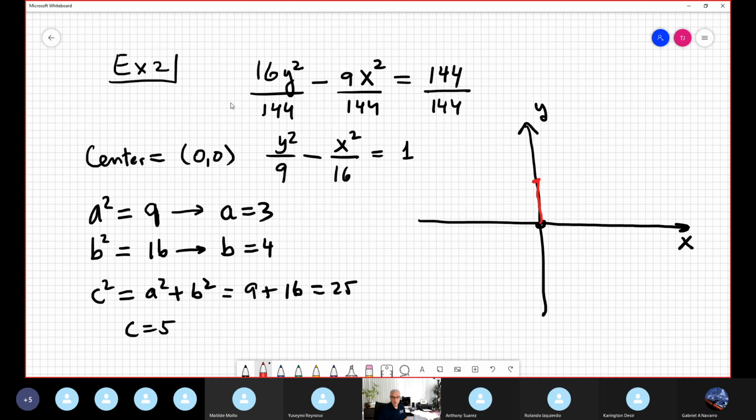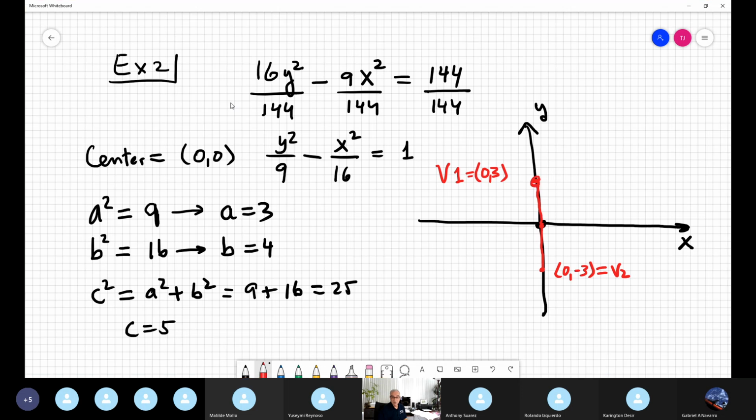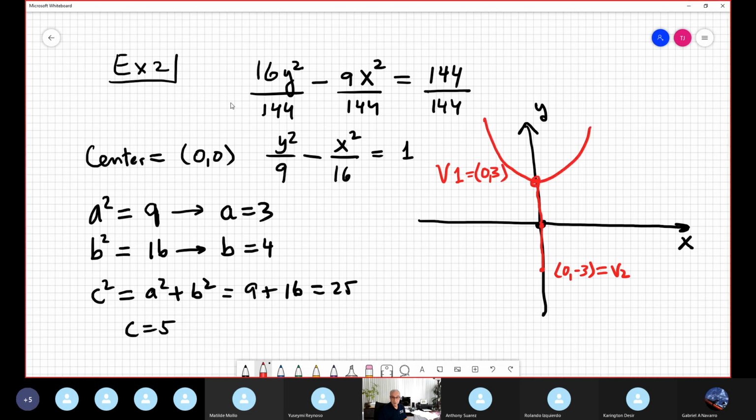This point is 0,3, my first vertex. And my second, down, is 0,-3, vertex 2. And my hyperbola looks like that, opening in that direction, I guess.